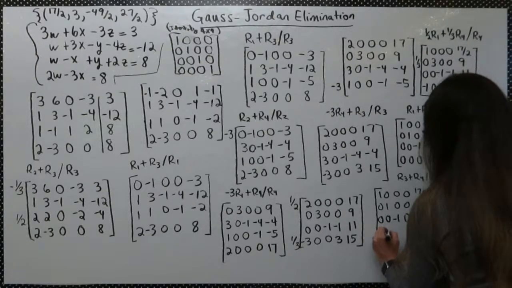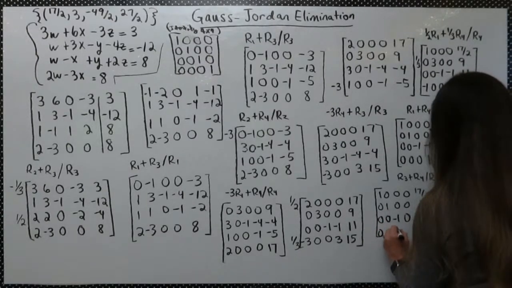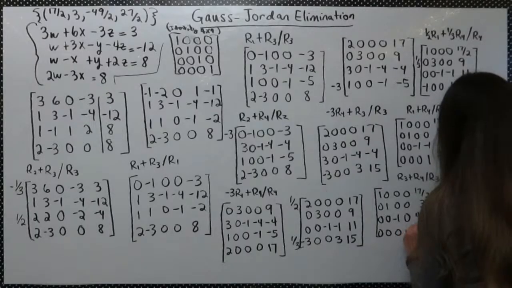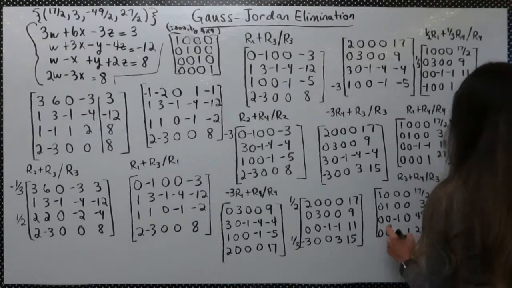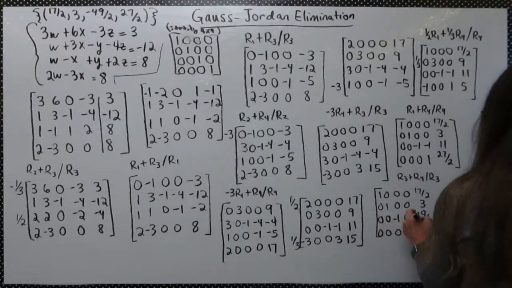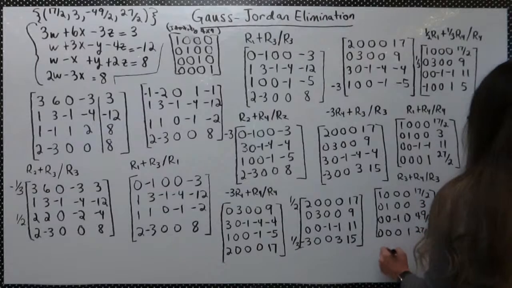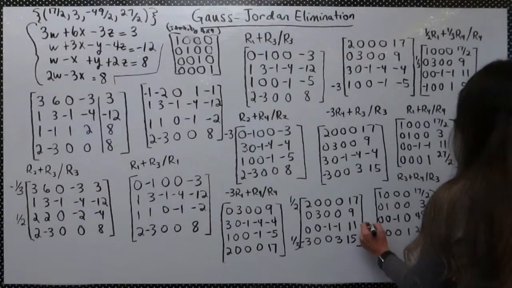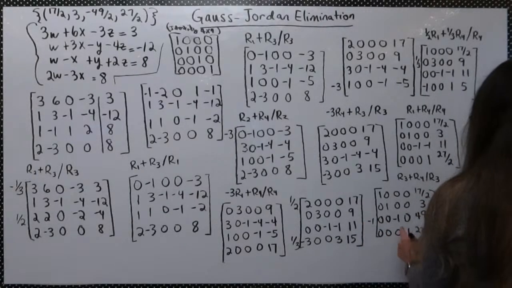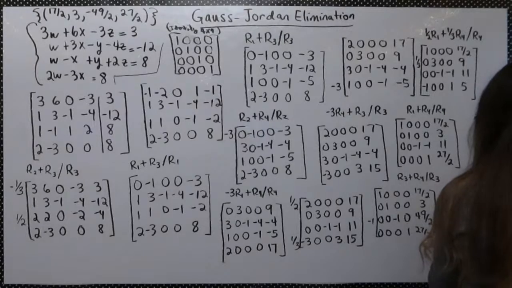So we got 0, 0, 0, 1, 27 halves. And then all I got to do is multiply row 3 by scalar -1. It's going to change the sign.